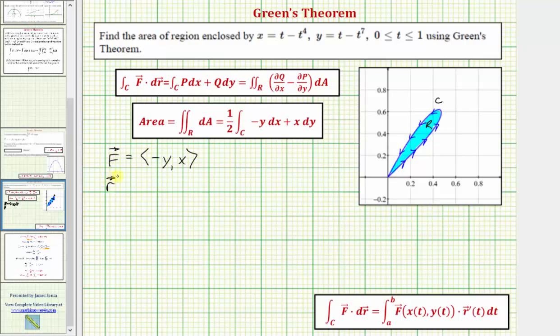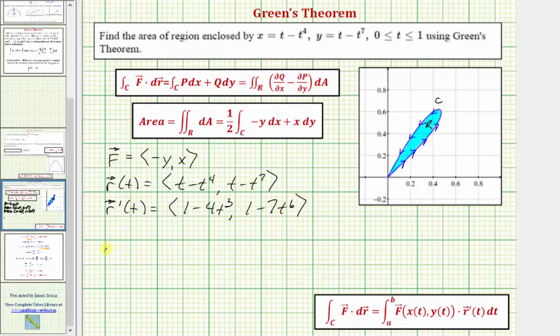So r of t would have an x component of t minus t to the fourth and a y component of t minus t to the seventh. And we're also going to need r prime of t, so let's go ahead and find that now. r prime of t is equal to, the x component would be 1 minus 4t to the third, and the y component would be 1 minus 7t to the sixth.